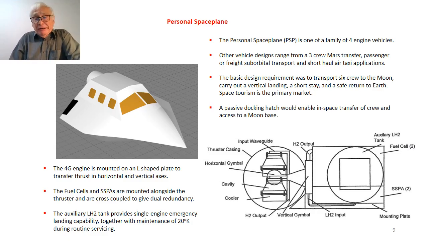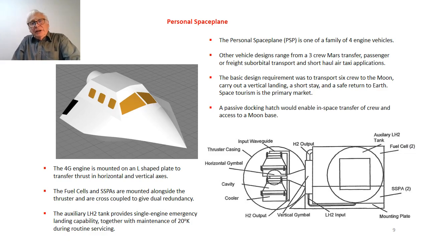Now, because we're carrying a crew, we need a passive docking hatch, which would enable in-space transfer of crew in any emergency, and also would enable access to a moon base once you've landed on the moon.